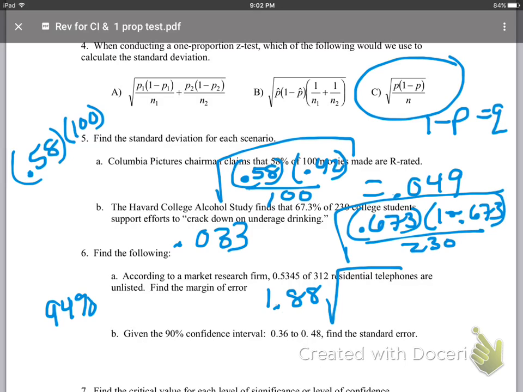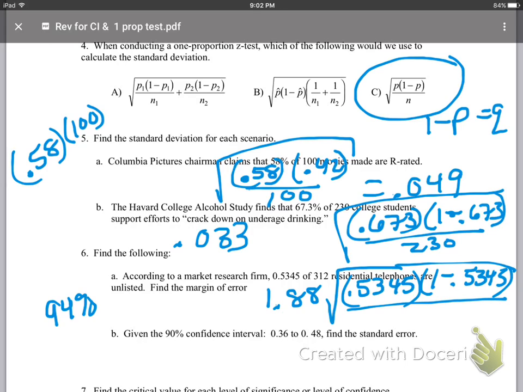So it's 1.88 times the square root of 0.5345 times 1 minus 0.5345 divided by 312.